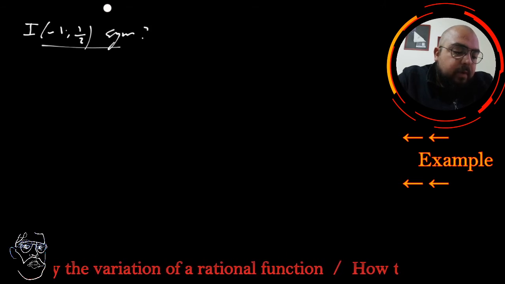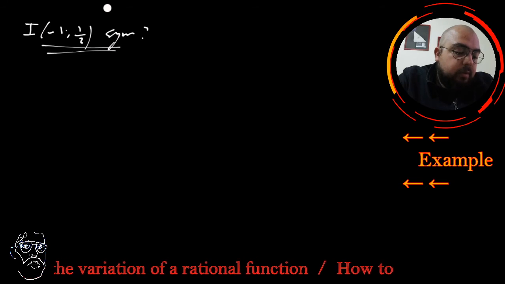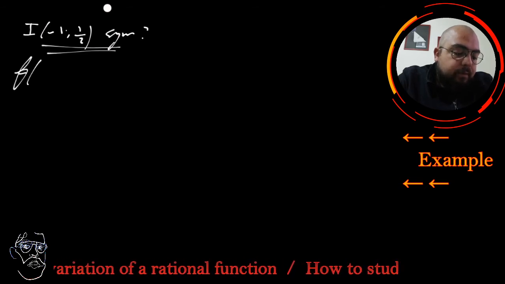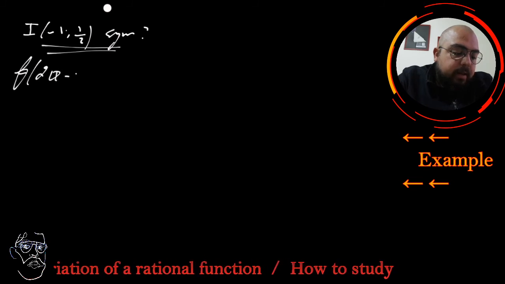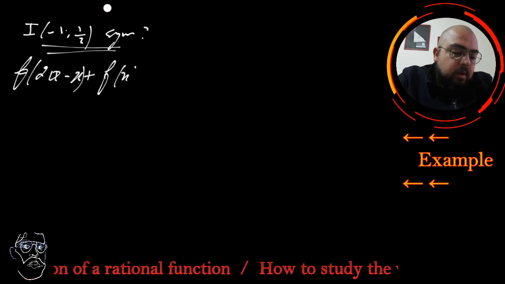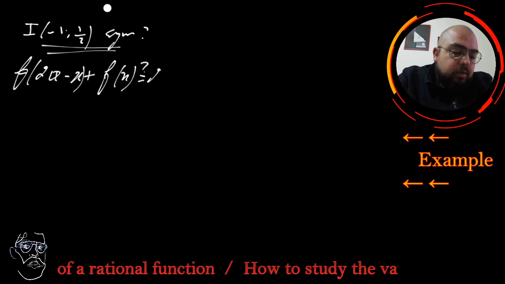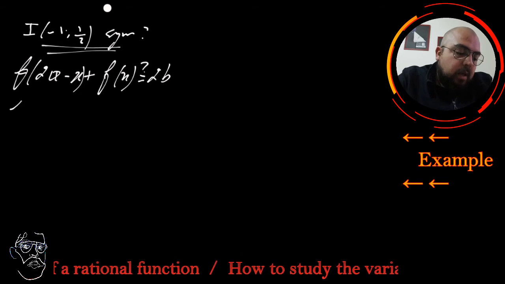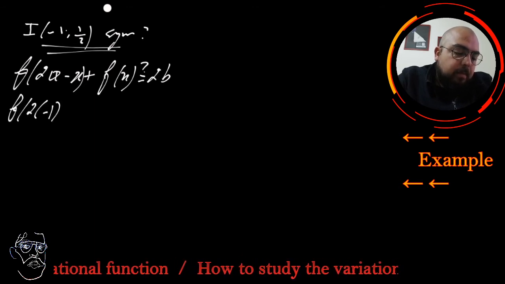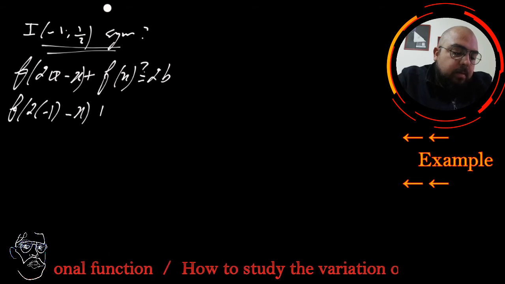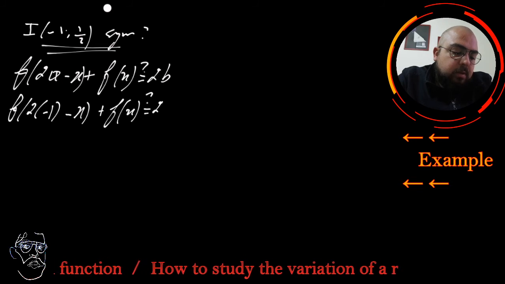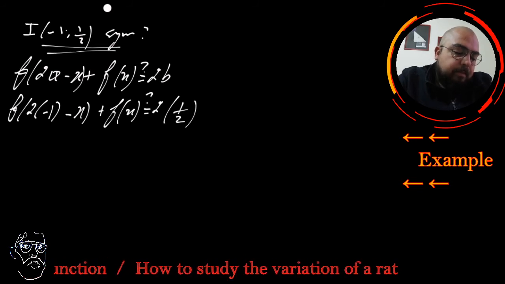In order to verify if it's a center of symmetry, you will have to check this formula. F of 2a minus x plus f of x, is it equal to 2b? Which means f of 2 times a, which is minus 1, minus x plus f of x, is it equal to 2 times 1 over 2?